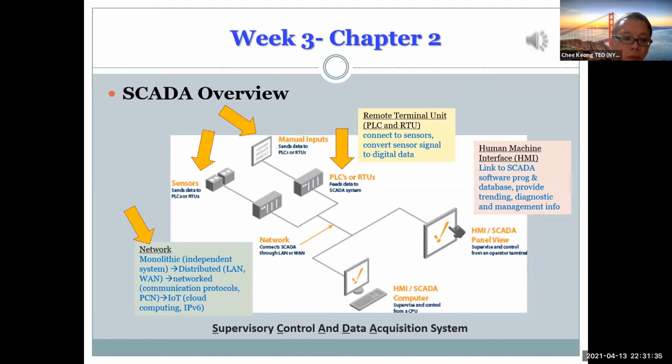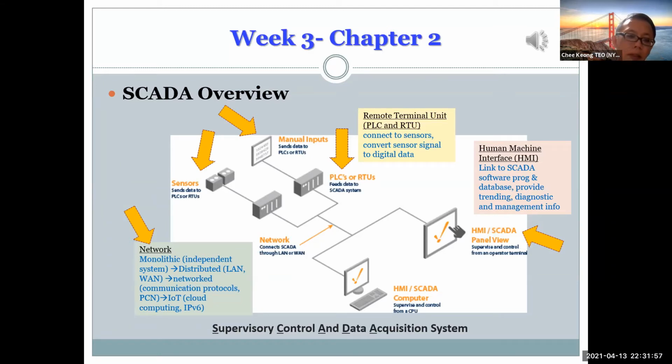The SCADA network has evolved over the years from monolithic to the most recent being the Internet of Things, IoT. At the control end, we have the human-to-machine interface. Software is available to fetch and plot the data trend for trending, diagnostic and management purposes.